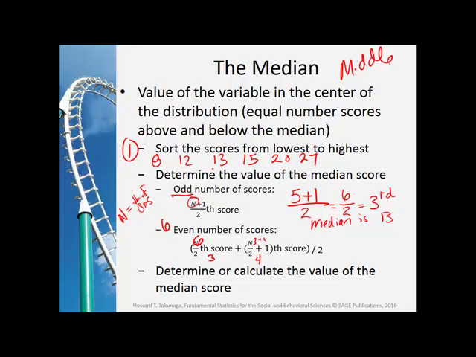So the third observation is 13. The fourth score is 15. 28 divided by 2 is 14. So the median value is 14.